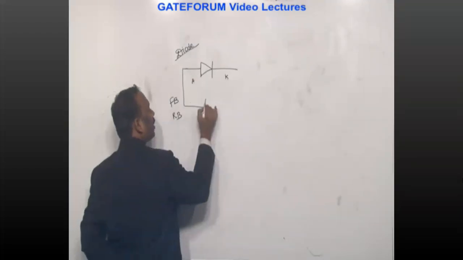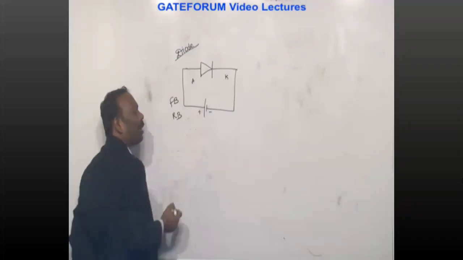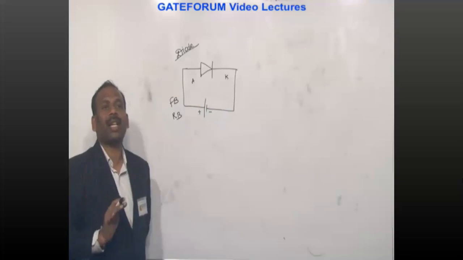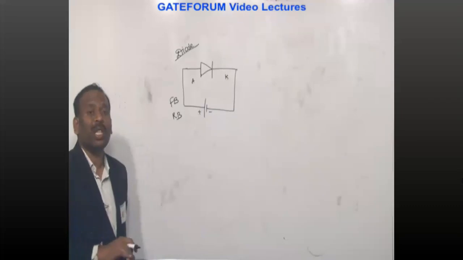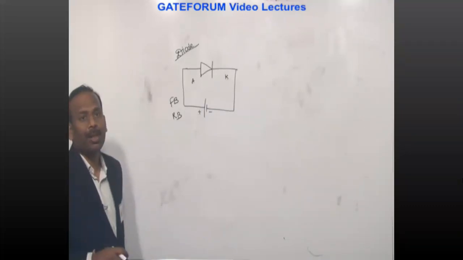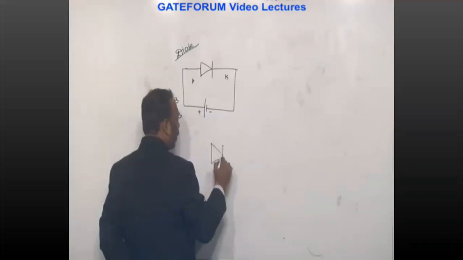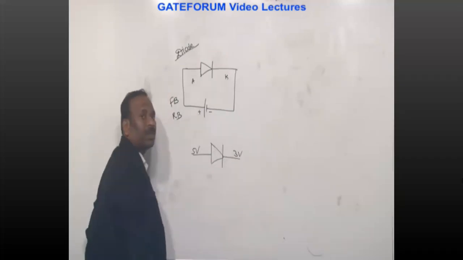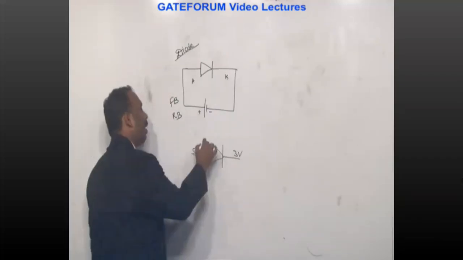Coming to forward bias, if the anode is connected at higher potential than the cathode, then the diode is said to be forward biased. If the anode is at lower potential than the cathode, then the diode is said to be reverse biased. Example: here 5 volts, here 3 volts. Both are positive, therefore the anode is at higher potential.